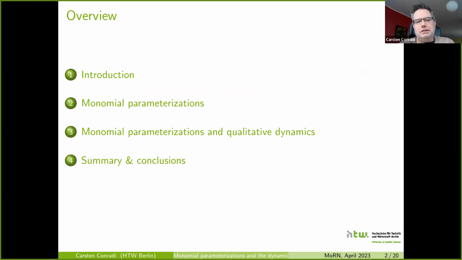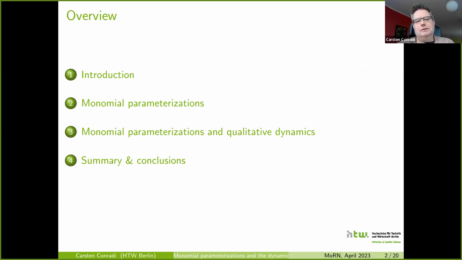I will start with an introduction where I just lay out the notation, and I guess many of you will know these slides. I use these introductory slides in almost every talk where I set up the notation. Then I will comment on monomial parameterizations, how you can find them.